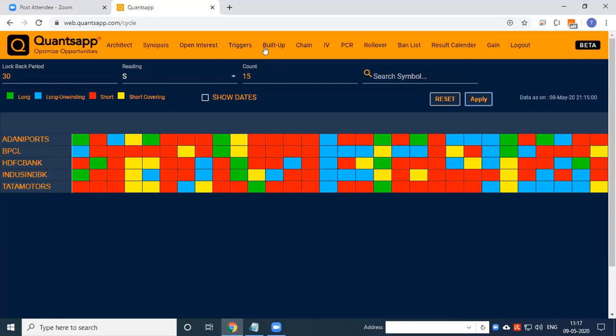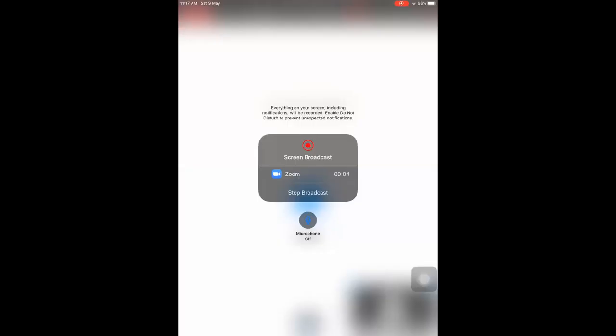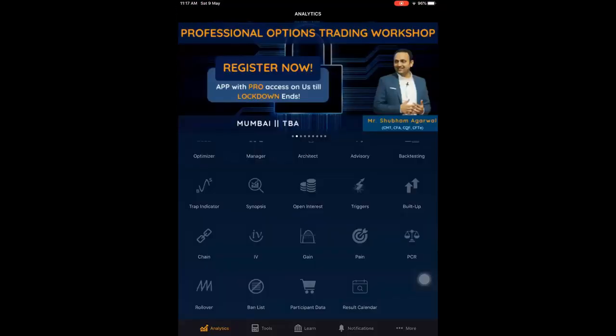Okay. So this was on the cycle side. Now I will show you from the sector side also. So for that, I will share it from my mobile application. Okay.